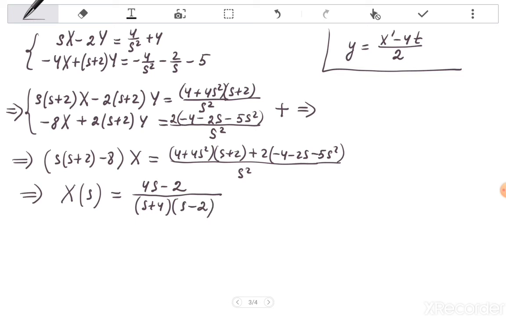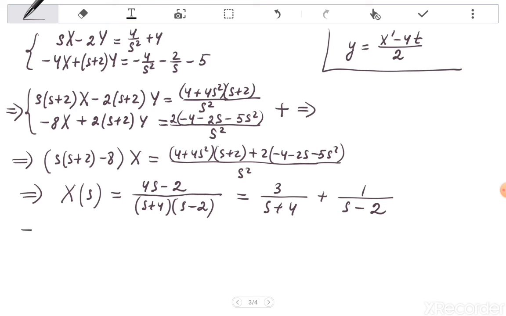Okay, so now what can we do? We use the method of partial fractions to rewrite this. Again, you can check that this is the same as 3 over s plus 4 plus 1 over s minus 2. So indeed, 3s plus 1s is 4s, and minus 6 plus 4 is minus 2.